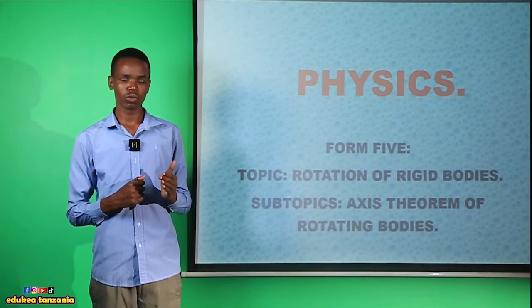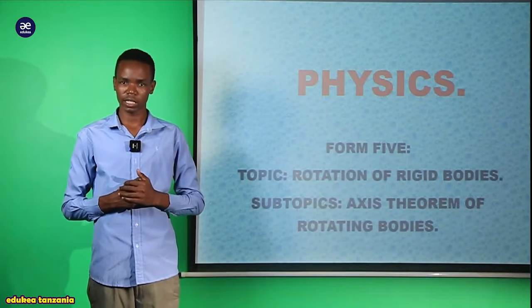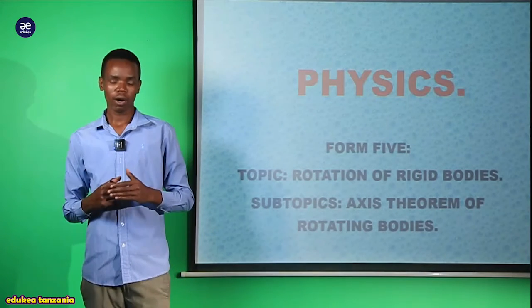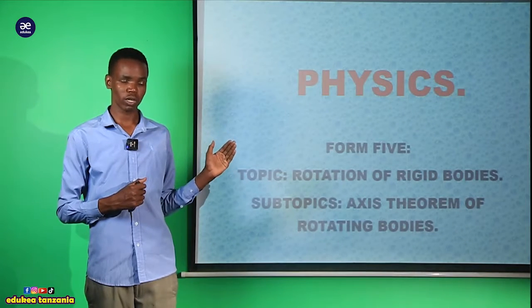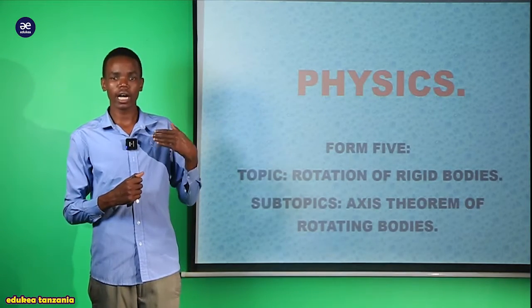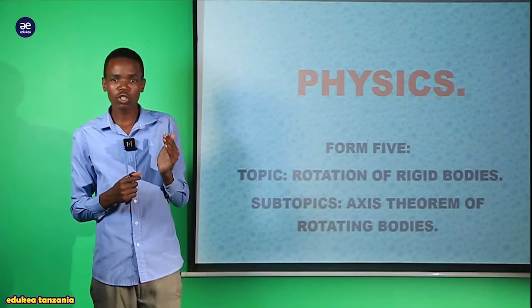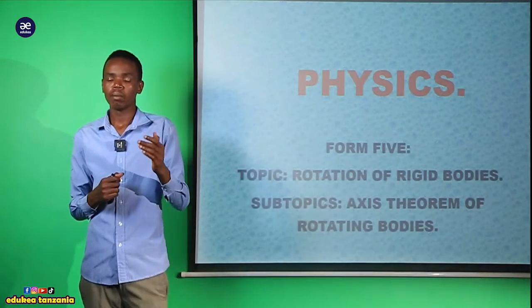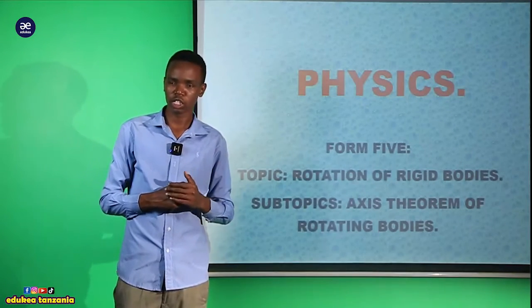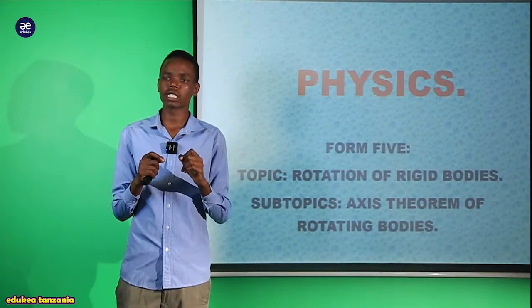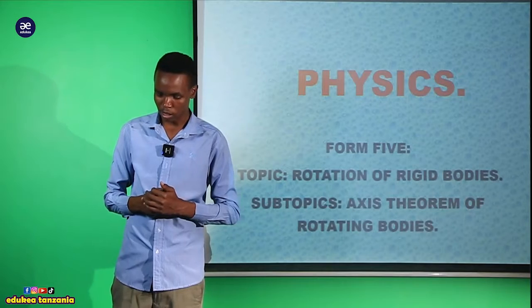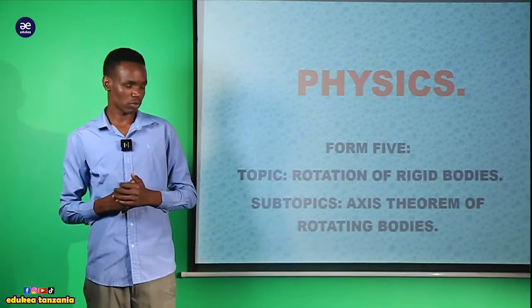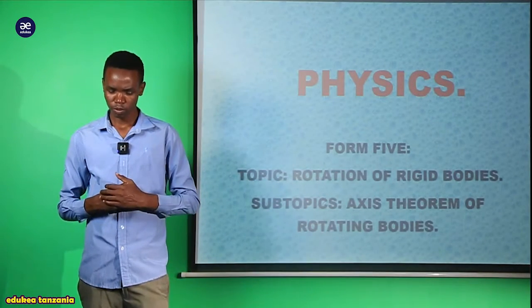We tried to see how we can state that law, and how we can demonstrate that the moment of inertia about the z-axis is equal to the moment of inertia about the x-axis, added to the moment of inertia about the y-axis. That is what we saw in the last session.